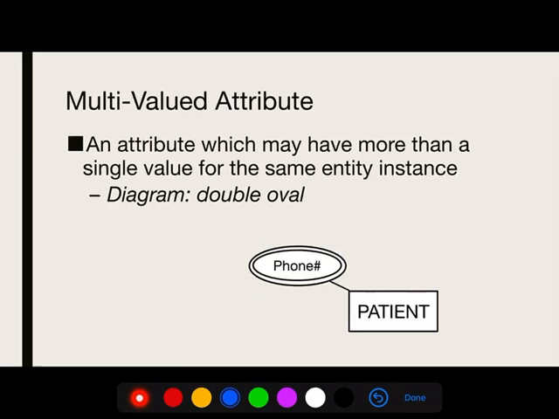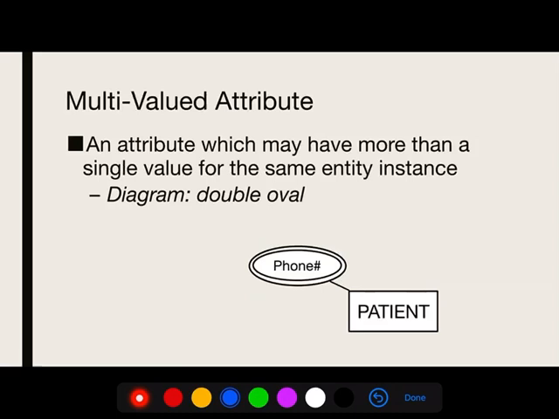Now sometimes we have attributes where they're not simple attributes, which are ones that have a single value per instance. Maybe there's ones where there's multiple values for the same instance. For example, the same patient might have multiple phone numbers: their phone number at their house, their mobile phone number, and their work phone number at their desk at work.